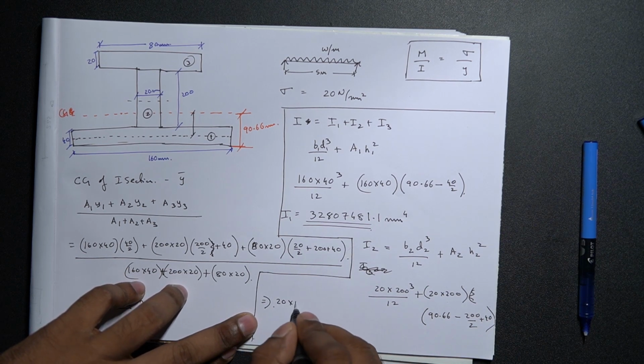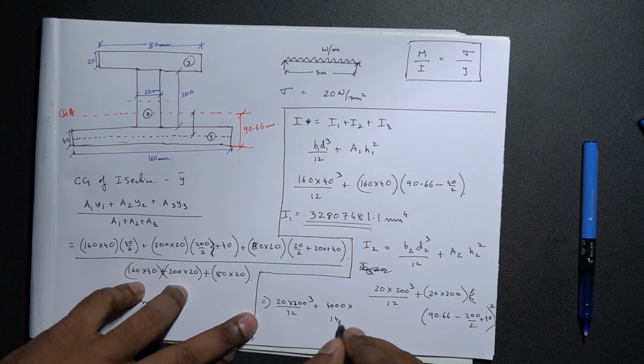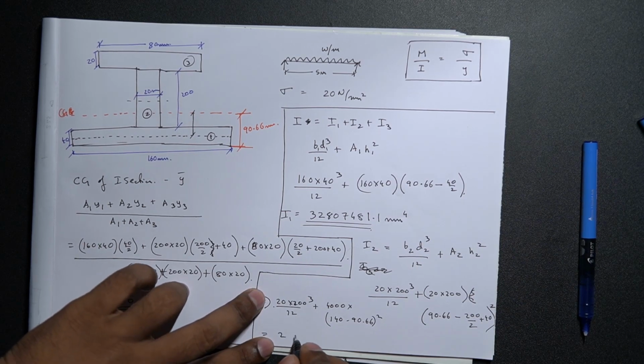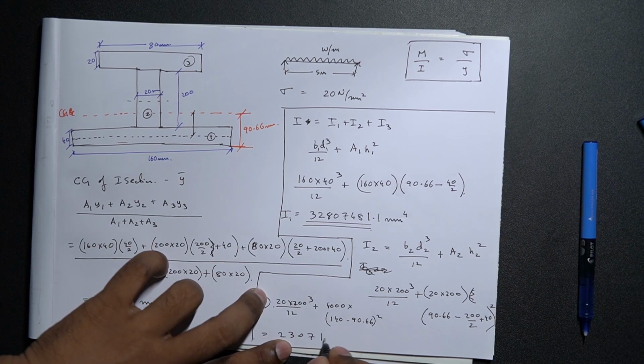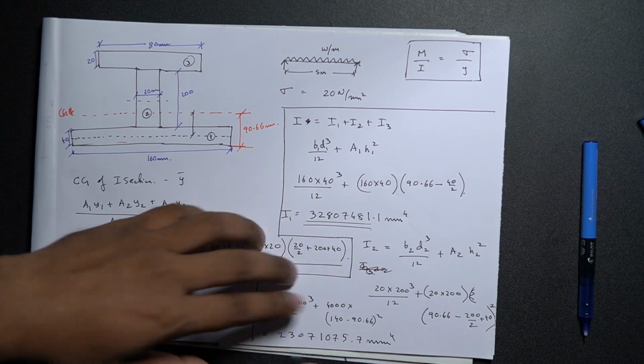Of 20 into 200 cube by 12 plus 4000 into 140 minus 90.66 whole squared. So the whole answer would come up to 2307107.7 mm power 4.